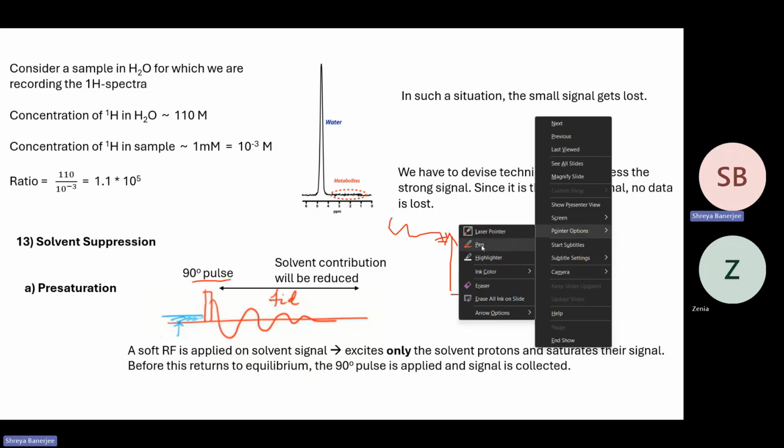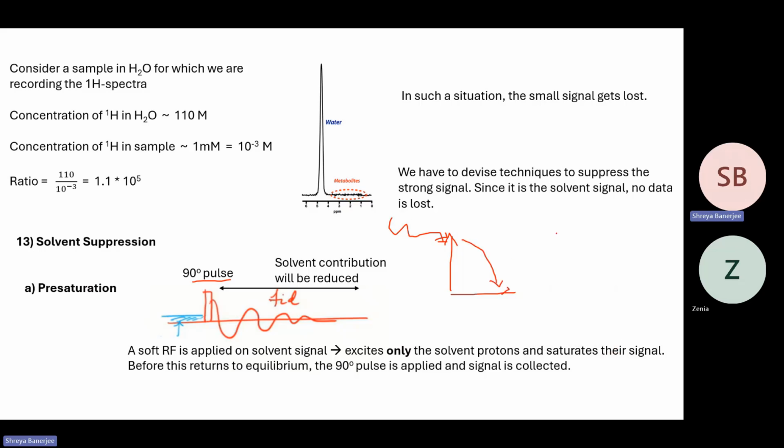What does this mean? In water also the hydrogens will have 2 energy levels, alpha and beta. And we know alpha and beta have different populations. Suppose alpha has 3 and beta has 1. They have different populations, and because of this population difference, the signal of water is observed.